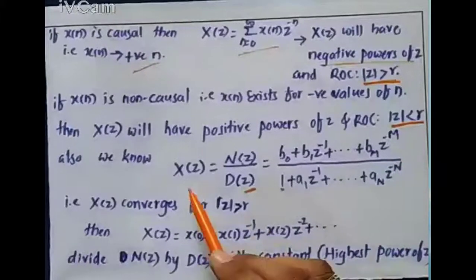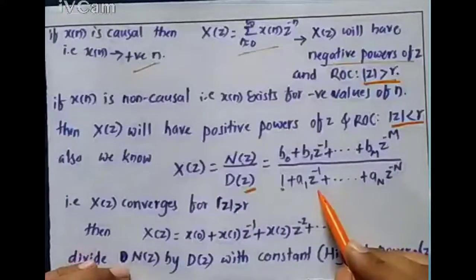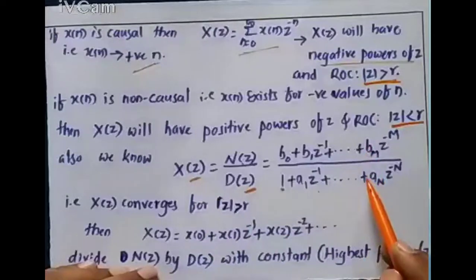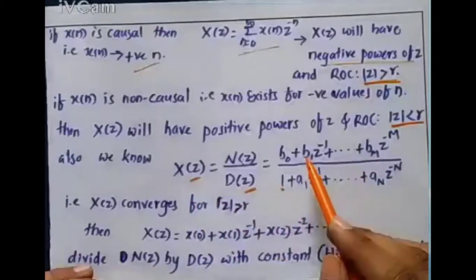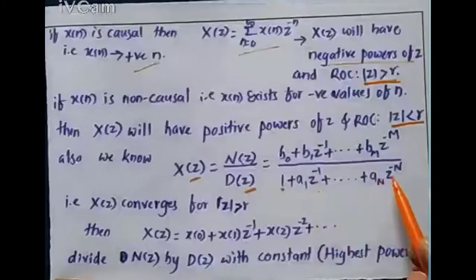In this regard, you can identify that x of z can be obtained by dividing the two polynomials. If x of z is given in this form and you want to solve for it, we will divide it.